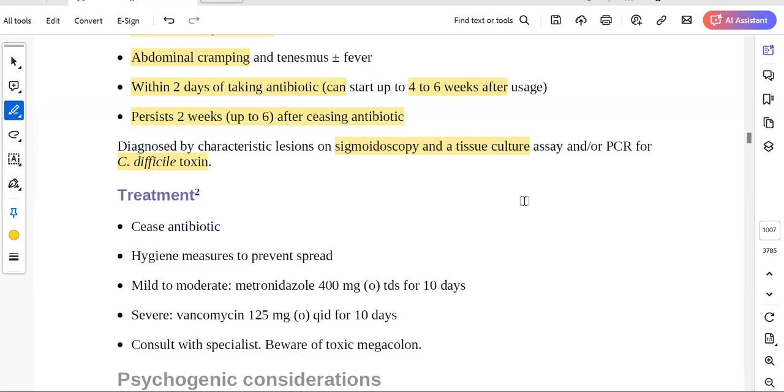Why would we do a sigmoidoscopy and take a tissue culture when we can just get the stool and do the PCR? That's easier. So stool for C. diff PCR is the normal investigation that we will always do to start with. But if they ask confirmatory, then go for sigmoidoscopy tissue culture.